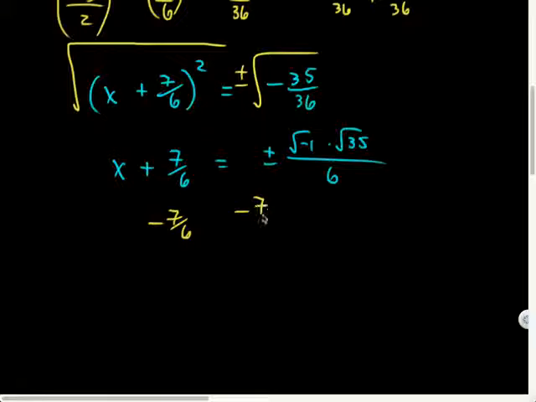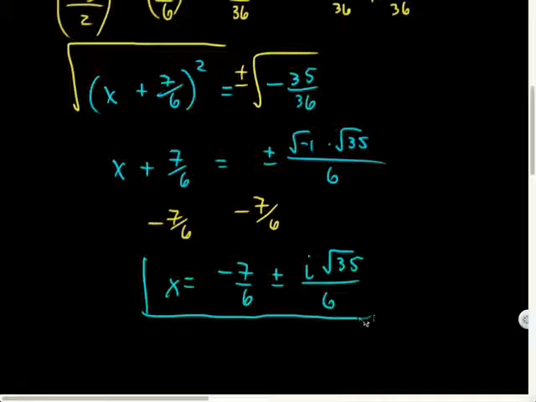Subtract this 7/6 from both sides. And I get x equals -7/6 plus or minus. What is the square root of -1? i. Square root of 35 over 6. So that means my answers are imaginary.